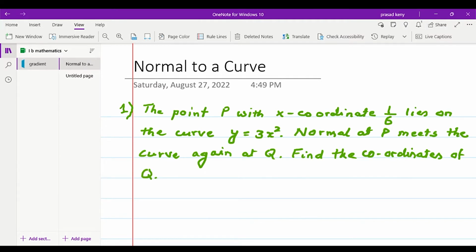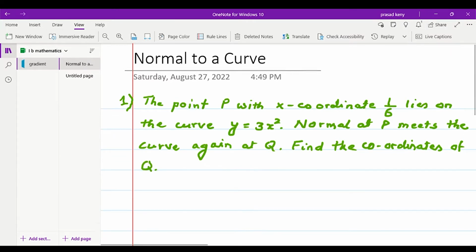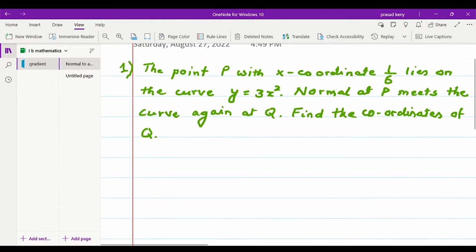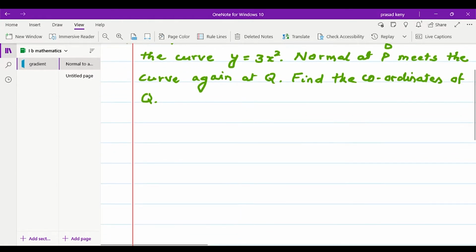Now here, as you can see, for P, only the x coordinate is given, 1 upon 6. So let us determine the y coordinate of point P first.